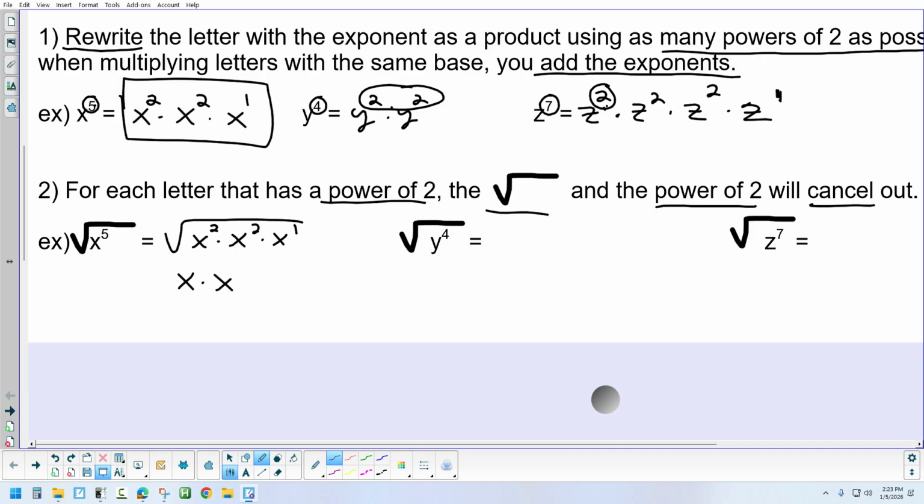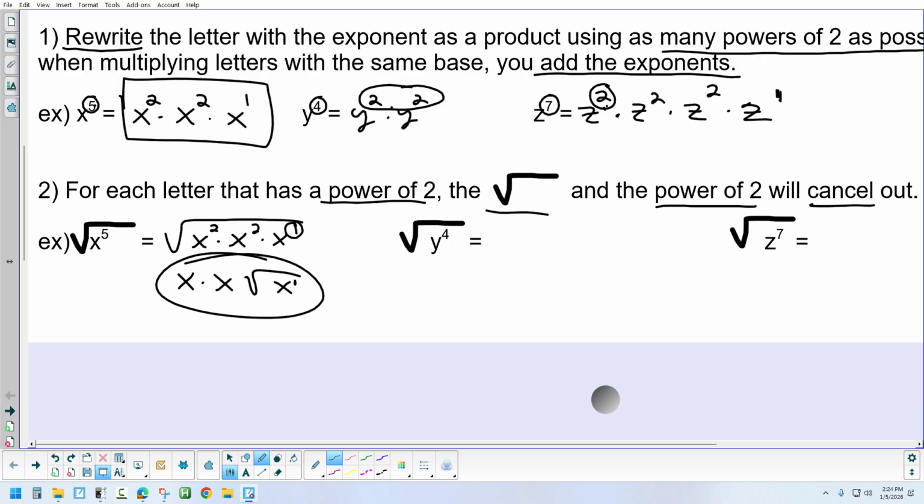X. Does the third one have a power of 2? No. Then that does not cancel. That last square root has to stay with the x in it. It didn't have a 2. If that was a 2, it would have canceled like all the others. But since it was a 1, the square root stays with the x in it.